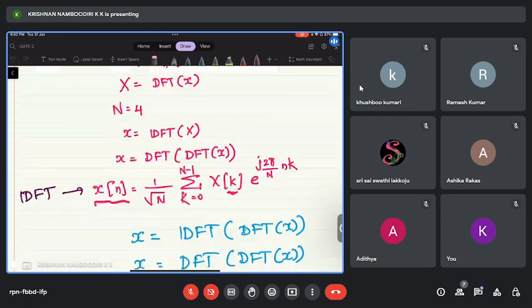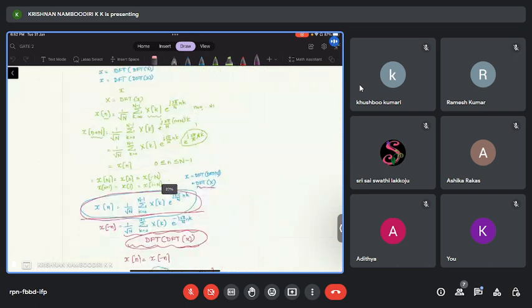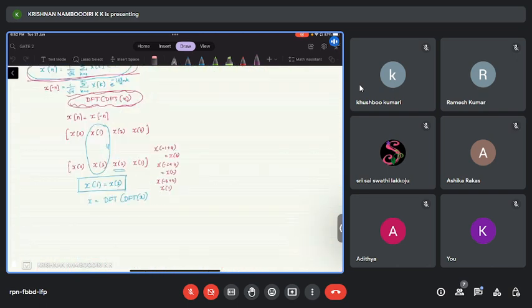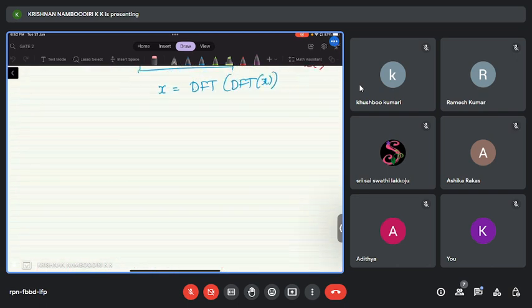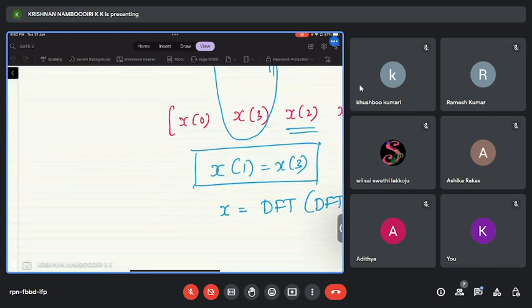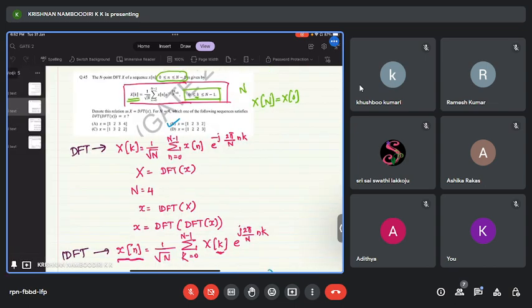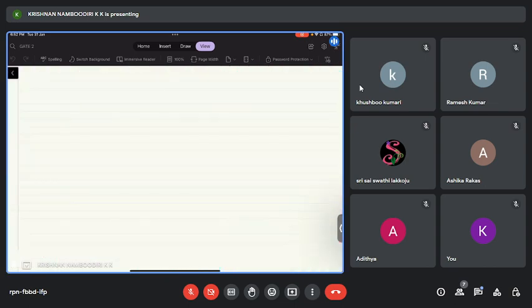Correct? So here you need to use two things. I will do it afresh. So now what is the definition of DFT?